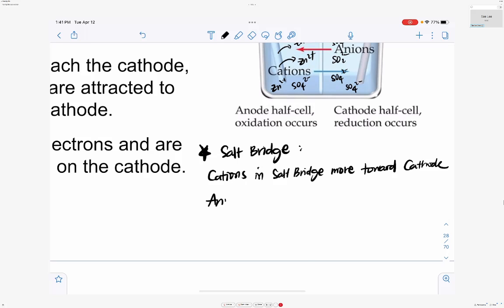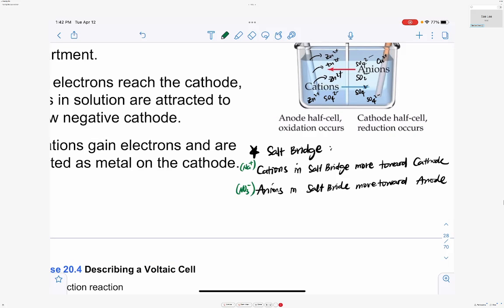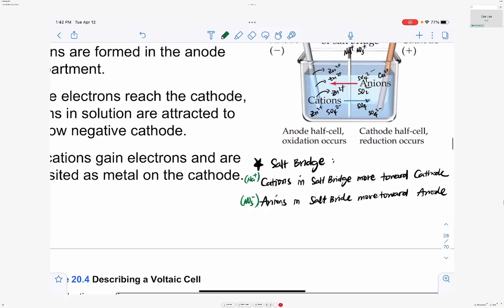Anions in the salt bridge move towards the anode. For example, the cation is sodium, and the example for anions is going to be NO3. So here's an easy way to remember the direction of the ion flow in the salt bridge.